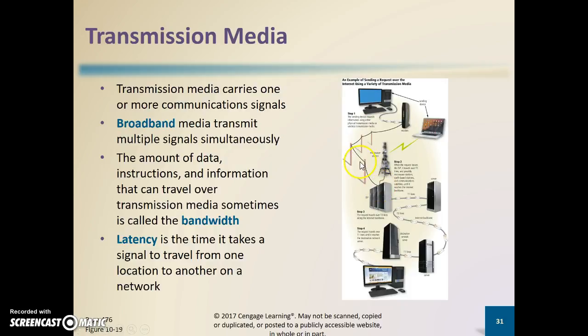In this case, it looks like it's a T1 line that it travels over and communicates with a satellite. And then step 3, the request travels over a T3 line along the internet backbone. So just the ways that it can get from the sender to the receiver in the end.